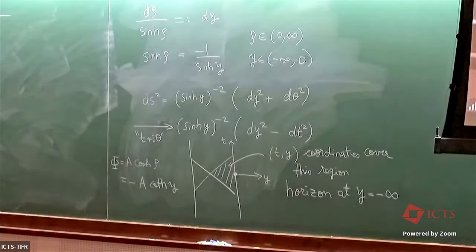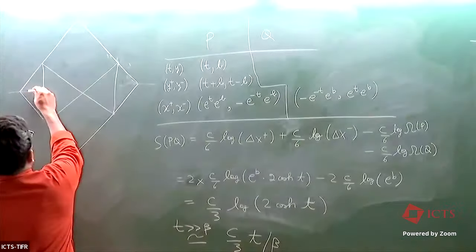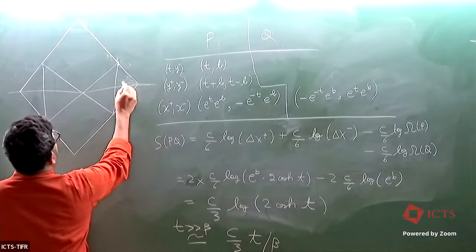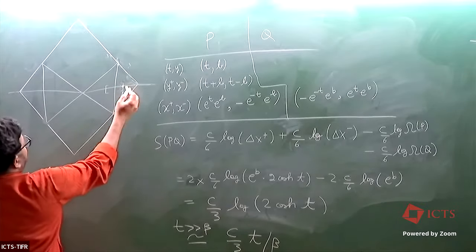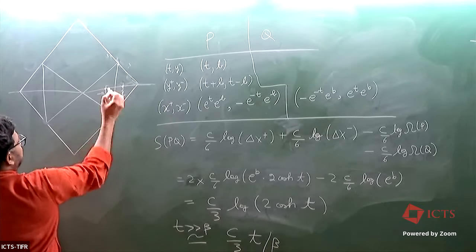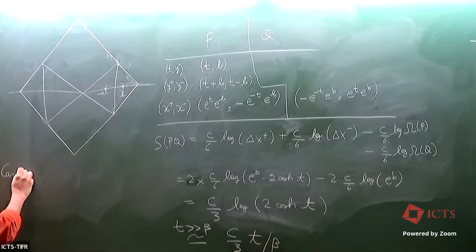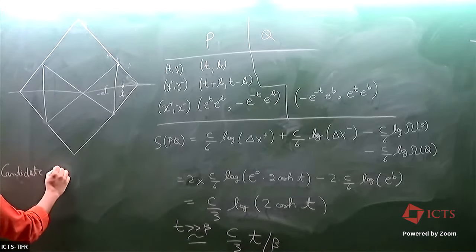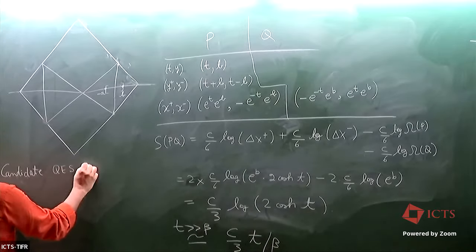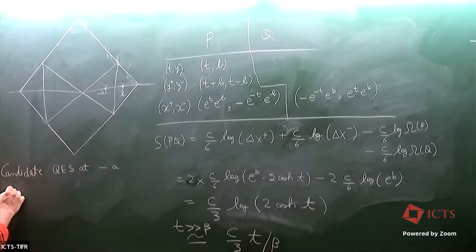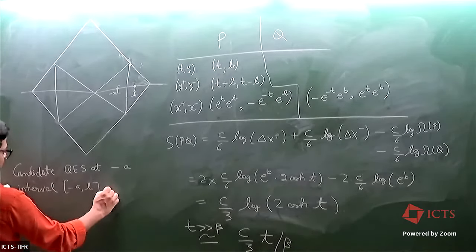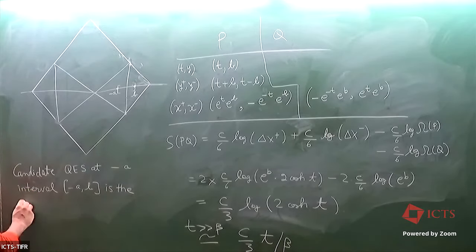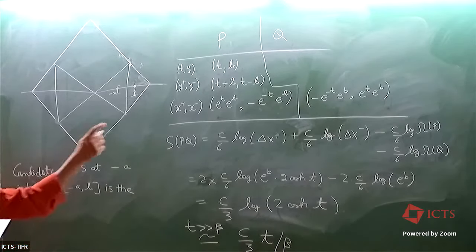Okay, so we have this region B. This starts at B, and we say that there is a candidate QES at minus A. So the interval minus A to B is the entanglement wedge of that blue region.